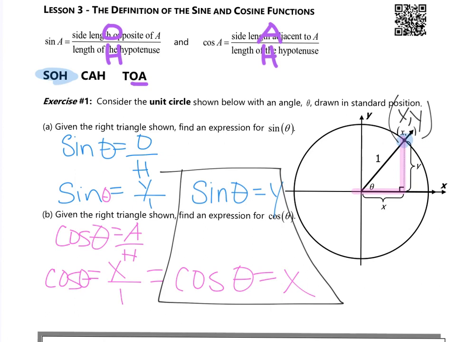So if the coordinate there is xy, the length from the center of the circle over to where that dotted line is has to be x. It has to be the x coordinate. Same thing that this has to be y. Do you need to have that memorized? No, but it is useful to know where it came from.